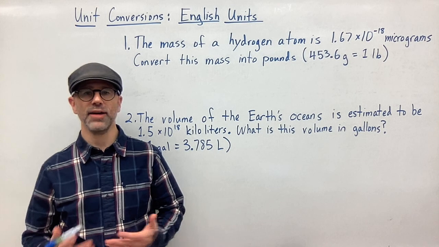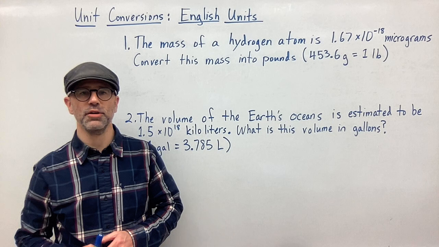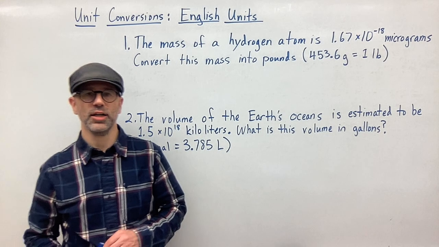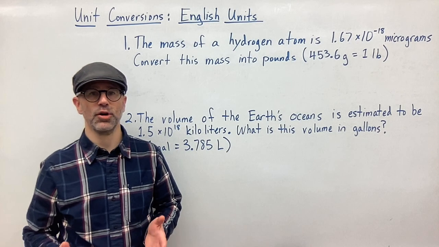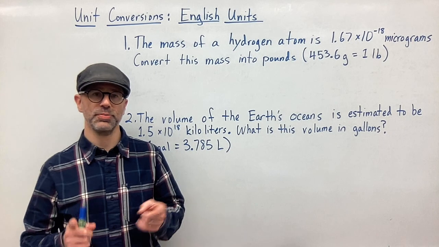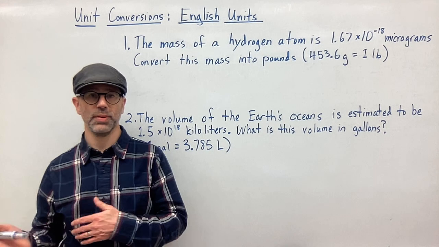In these type of conversions, there's a lot of different ways that you can convert from one unit to the other. So, for example, if you wanted to convert from grams to pounds, if you knew the relationship between grams and pounds, you could just use that relationship to convert directly into pounds.